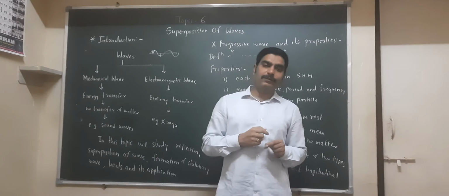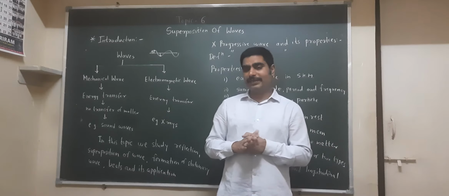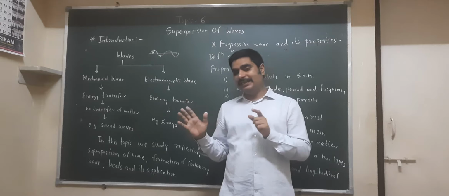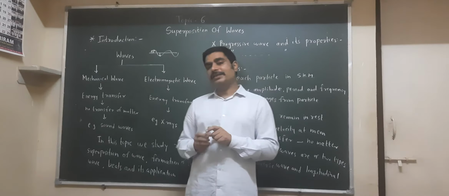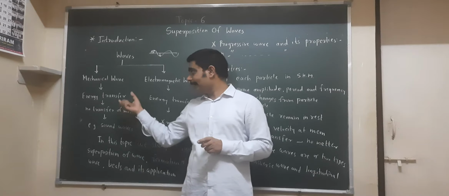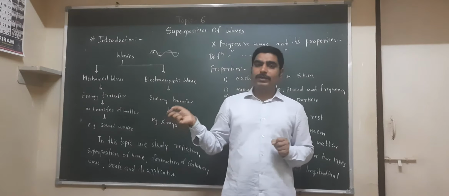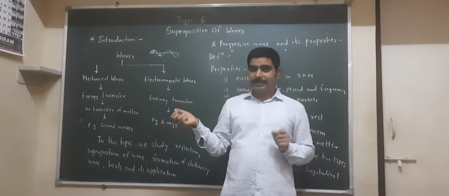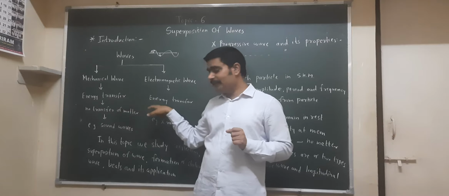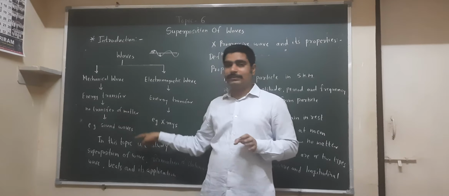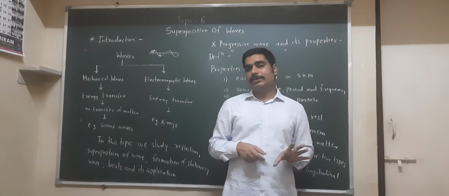Again, electromagnetic waves. In standard 11, you have studied the whole topic regarding electromagnetic waves, so I am not going into detail. We will just see the definition and one example. What are electromagnetic waves? Here also there is a transfer of energy, but there is no transfer of matter in electromagnetic waves.